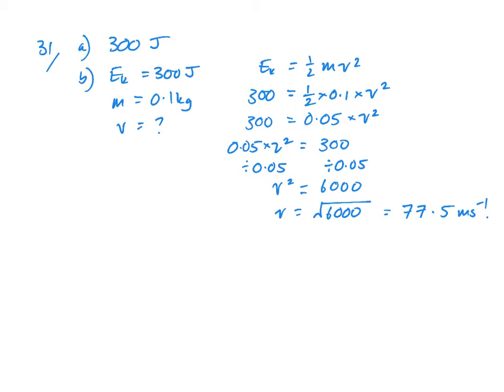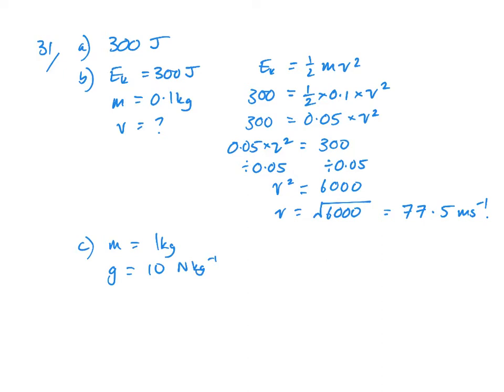For C, remember I said in the questions, this first question actually assumes that g is 10 to get the answer. So once again, for potential energy, this time the mass is 1 kilogram. We're going to take g equals 10 just for this question.